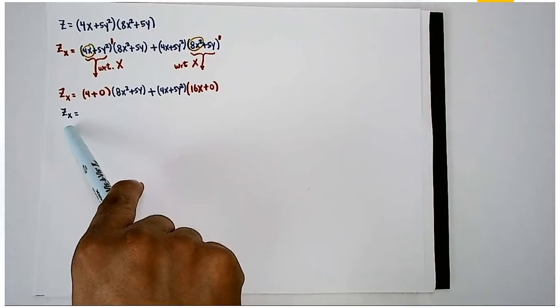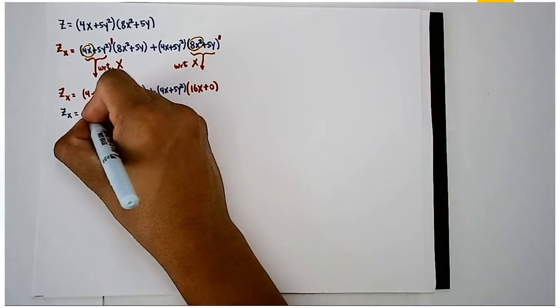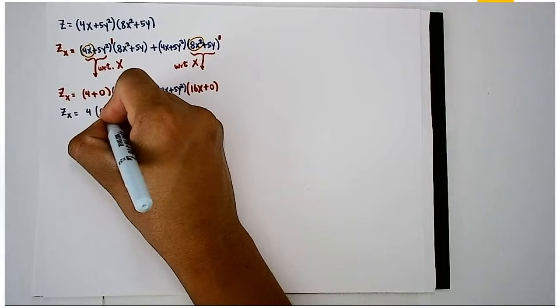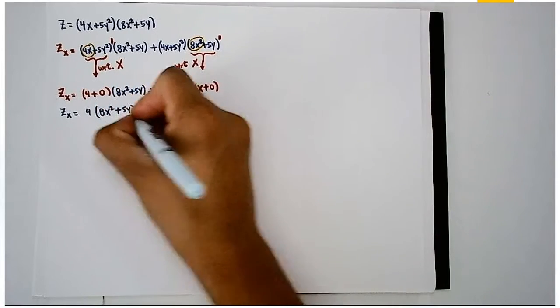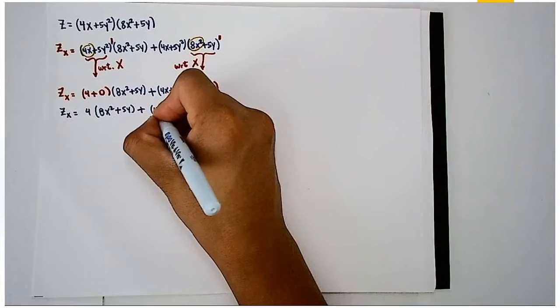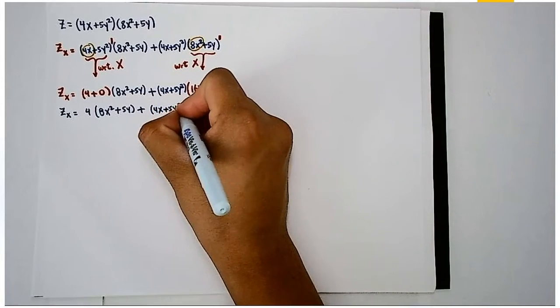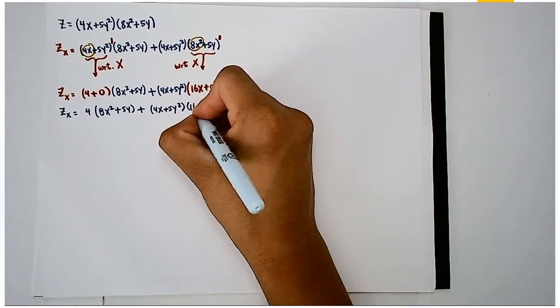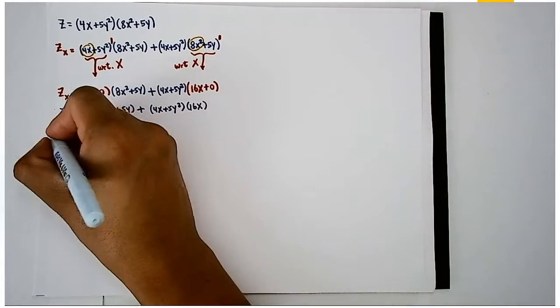So zx is equal to 4 times 8x squared plus 5y, plus 4x plus 5y squared times 16x.